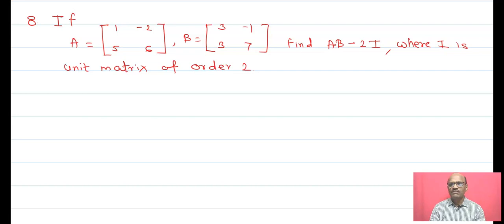Now the order of A and B is 2, therefore whenever we take the identity matrix, the order must be 2. Now see this, the multiplication.